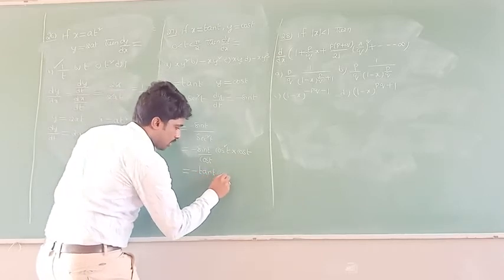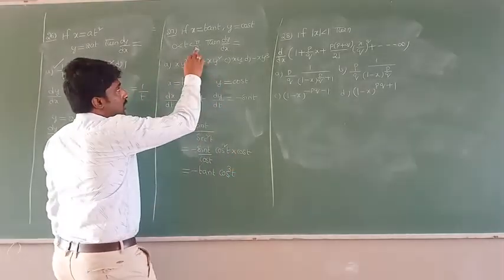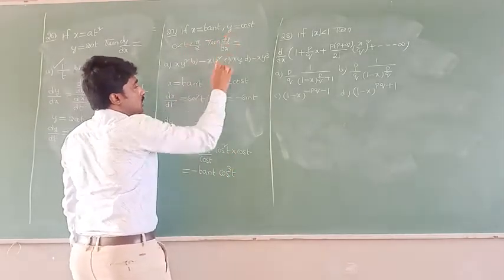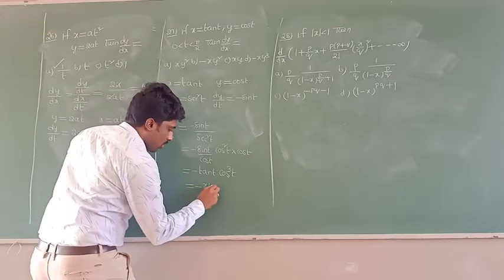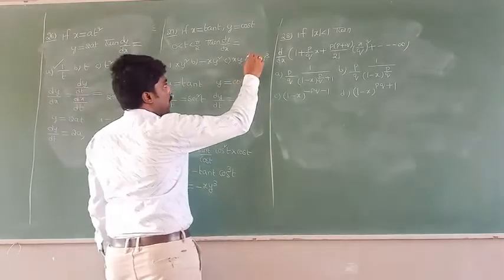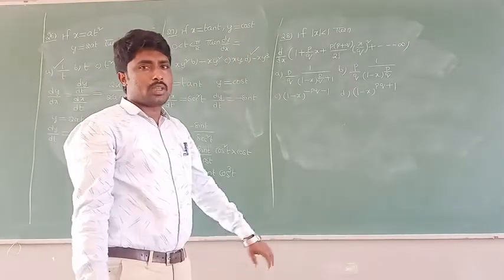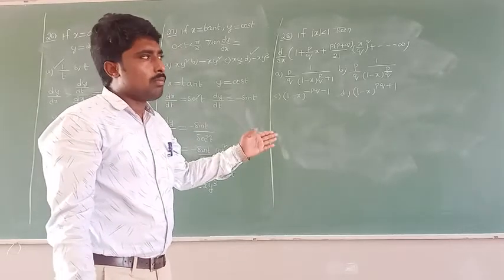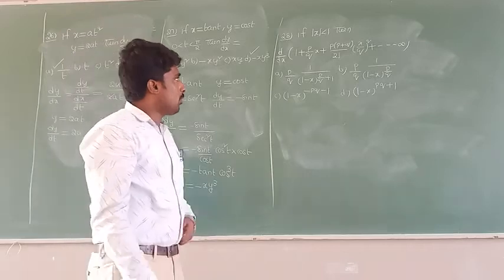Cos square t into cos t is cos cube t. Now tan t is what here? x. Cos t is what here? y. So this becomes, what will you get? Minus x y cube. Now all of you see this, minus x y cube. What is the answer here? Option B is the correct answer. Very easy problem, but you need to make some adjustment. All of you clear? Okay. Next problem.